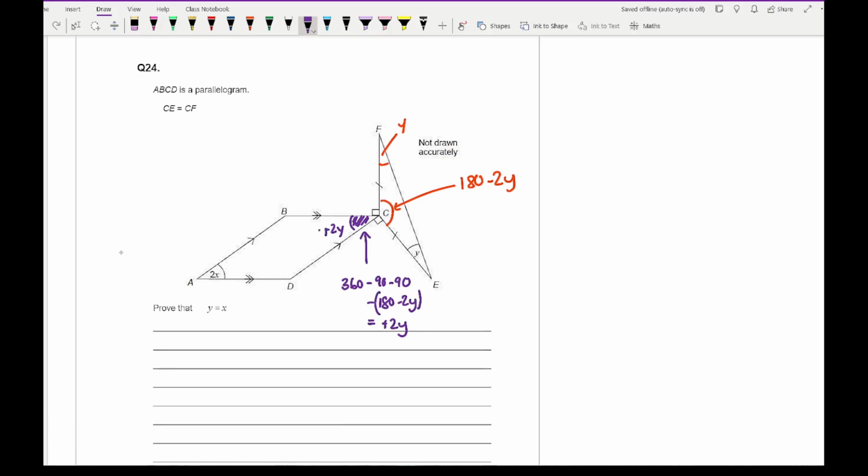So from this, we want to prove that y equals x. In parallelograms, opposite angles are equal.